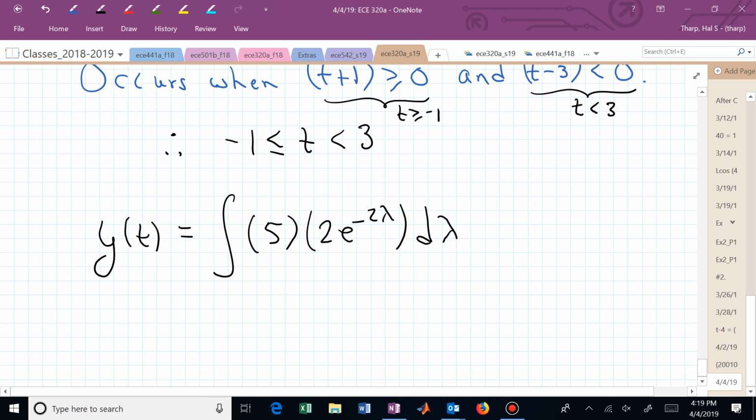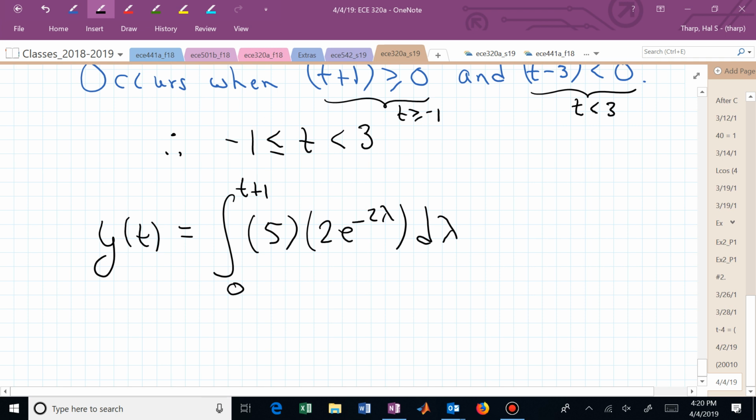The limits on your integral are from 0 to t plus 1, not minus 1 to 3. Intervals and limits, they're different. I'm trying to make that point. So what did I just say? We're integrating from 0 to t plus 1.